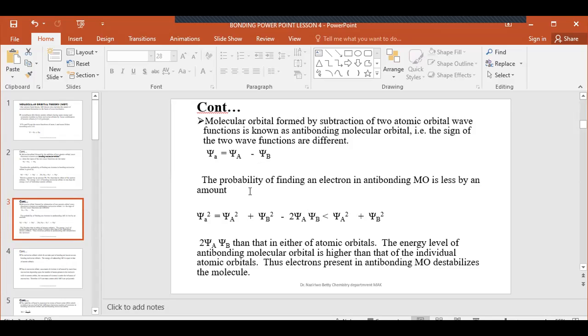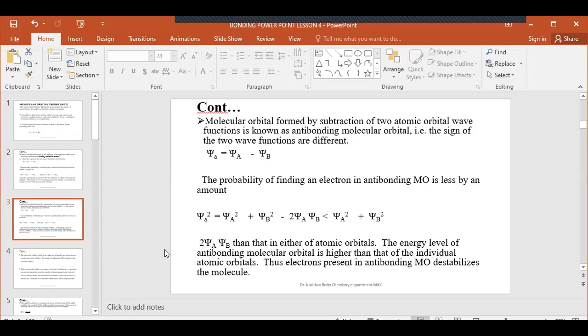The probability of finding an electron in the antibonding molecular orbital is less by an amount of 2 phi A times phi B than that in the atomic orbitals. So the energy level of the antibonding molecular orbital is higher than that of the individual orbitals. And the electrons present in the antibonding molecular orbital destabilize the molecule.